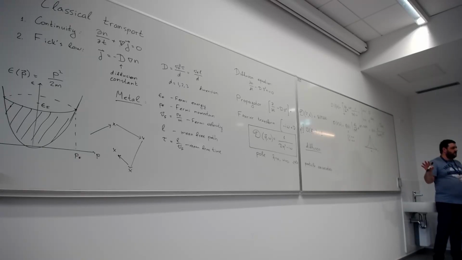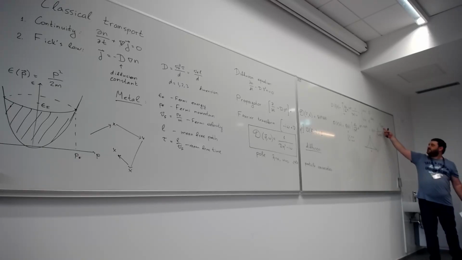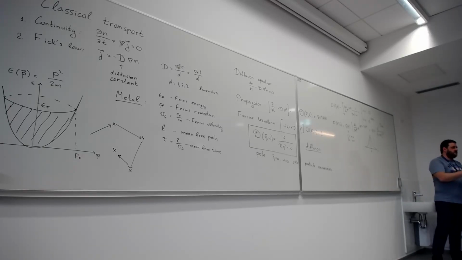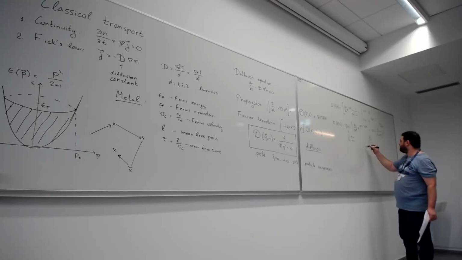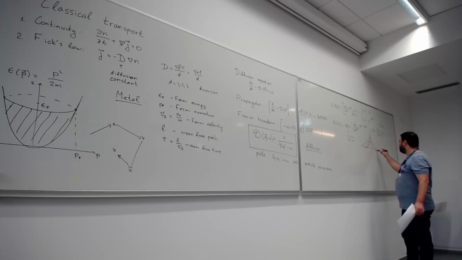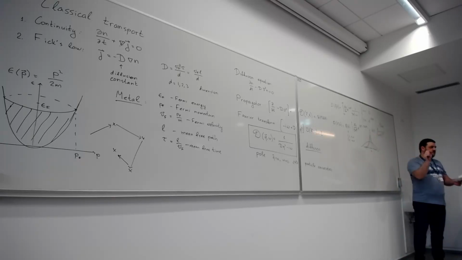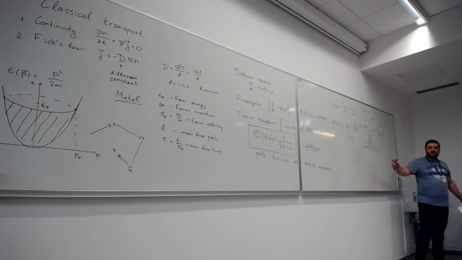And as this time t changes, this t in the exponent says that it becomes wider and wider. So if I plot this function for several different values of t, I will have something like this. It starts as a very narrow peak, and then with time it spreads in space.